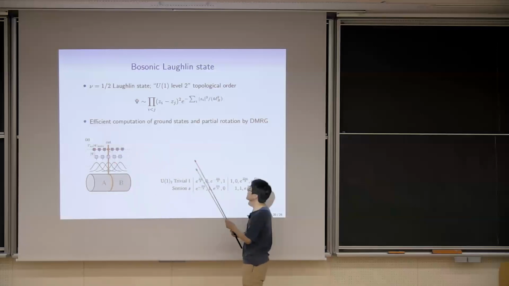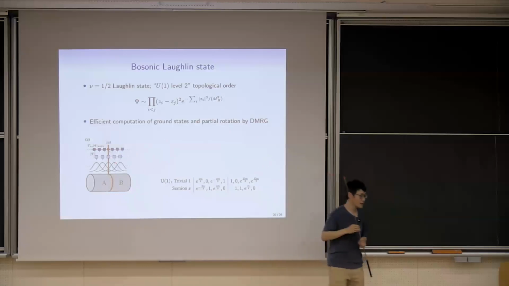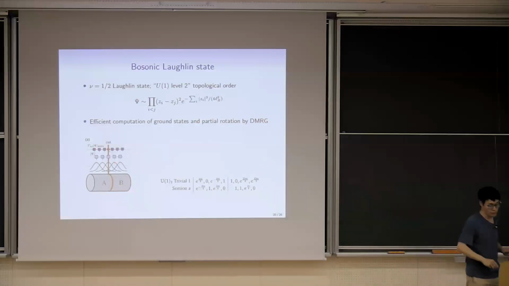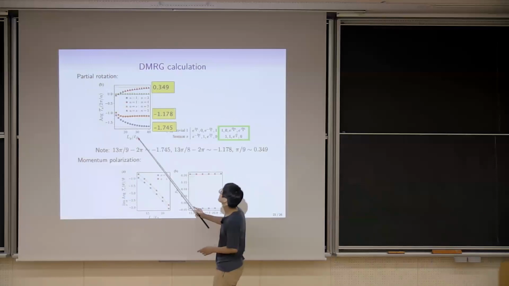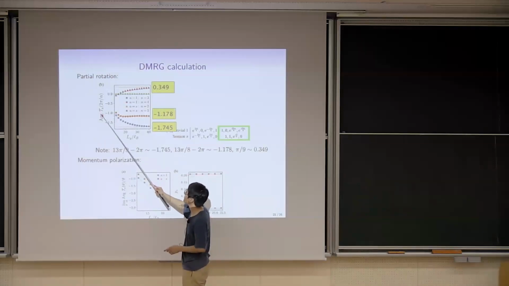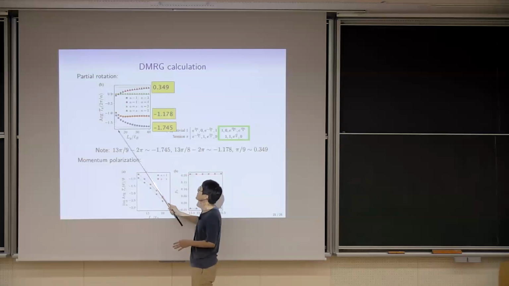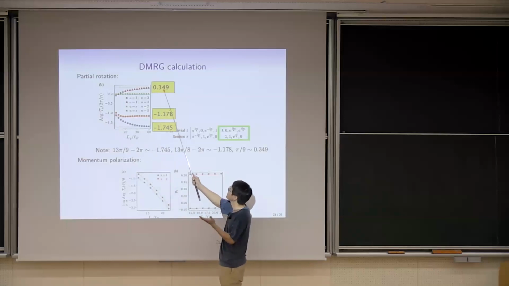Anyway, we use this DMRG technique for the fractional quantum Hall states, and then once again we can compute the expectation value of the partial rotation operator, and as I make the circumference large enough, eventually the phase saturates to some interesting value like 0.35 and so on.